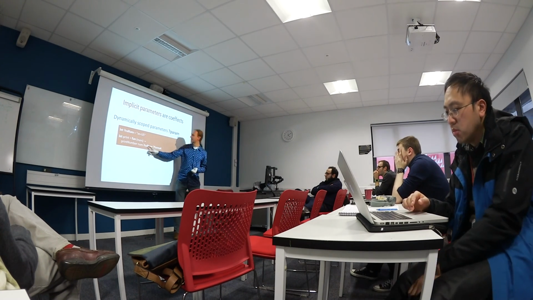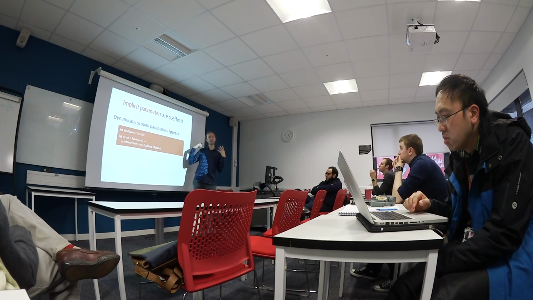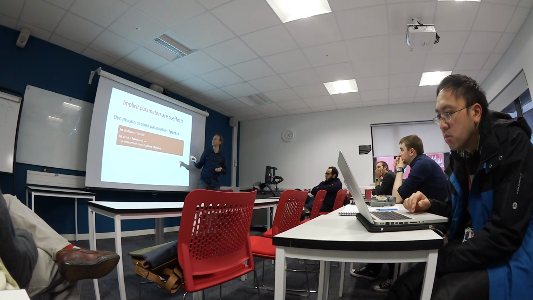And the idea here is these things aren't like normal function parameters, so I didn't have to specify them in the input of the function. They just have to be provided somewhere in the context. And that could be when I'm defining the function, or it could also be when I'm calling the function. So the culture parameter is already set when I define the function, but the format isn't.